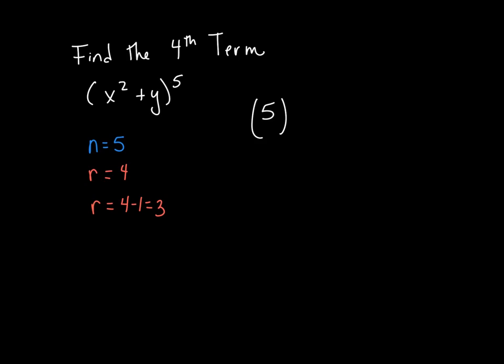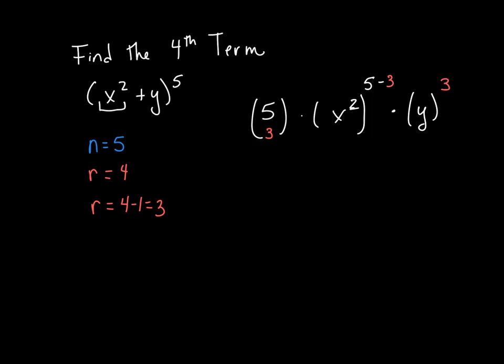5 choose 3. Now when we do this one, we have to be extra careful because x here is not just x. x now is x squared. And I'm taking that to the 5 minus 3 power. Then I multiply that times y to the 3rd.